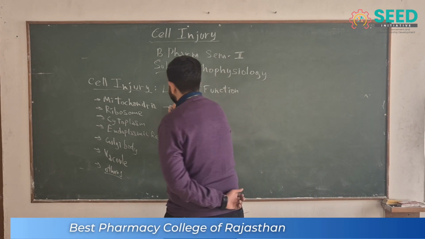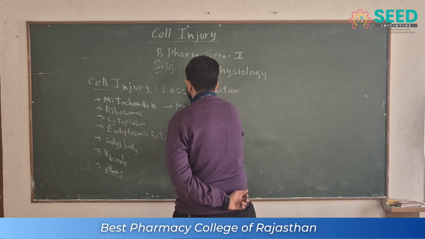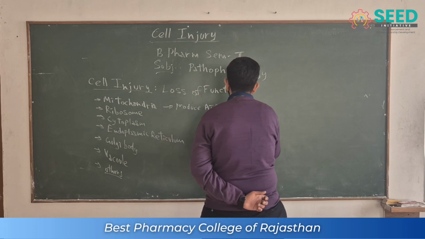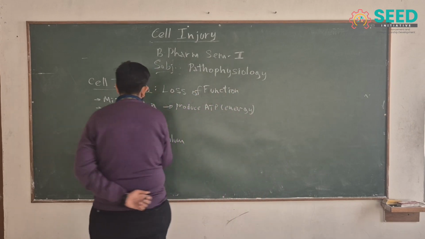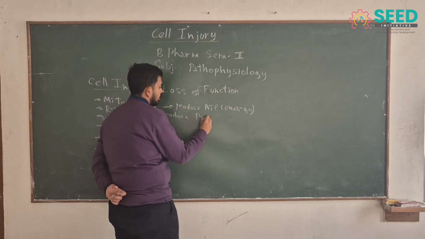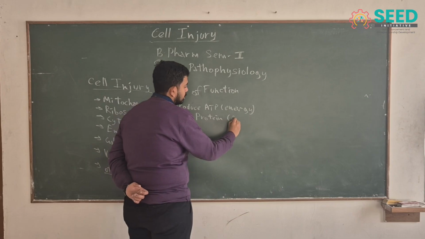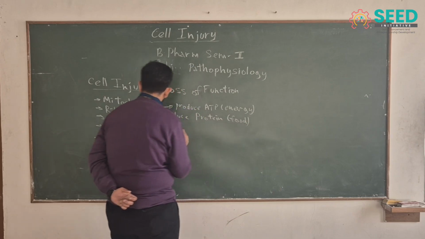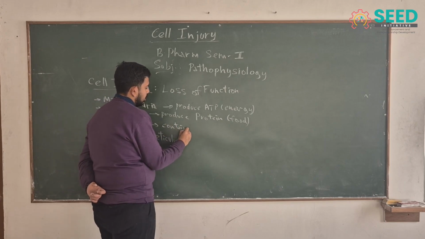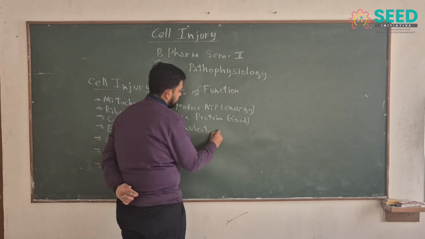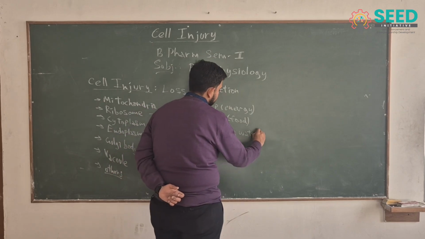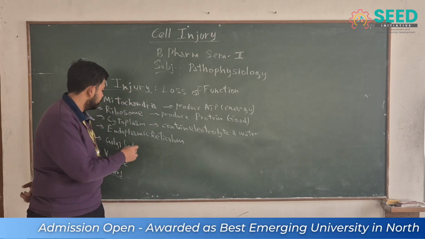Like mitochondria produces ATP, which is also known as energy. Ribosome produces protein, so it is a food source. Cytoplasm contains electrolytes and water, which is essential for any living being.